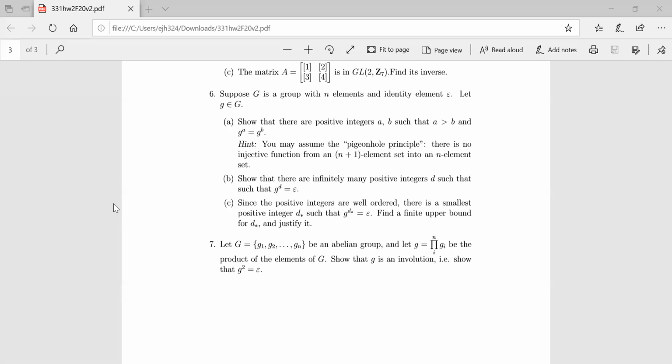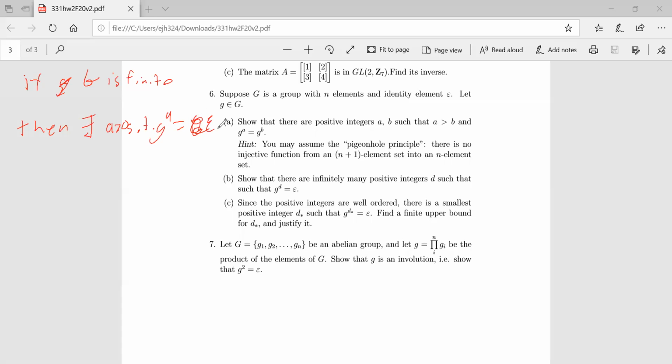The core insight here, which I don't think you guys have proven yet, but the core idea here is, if big G is finite, then there has to exist an a greater than 0 such that g to the a is equal to the identity element.